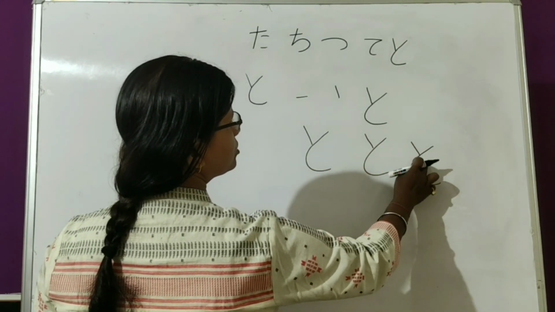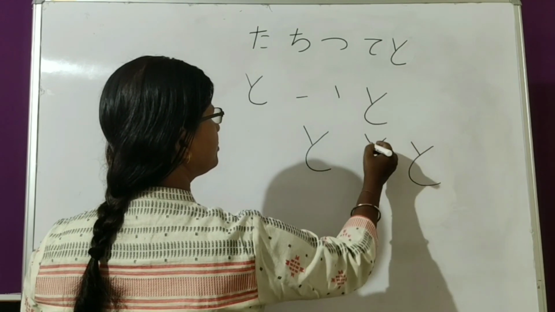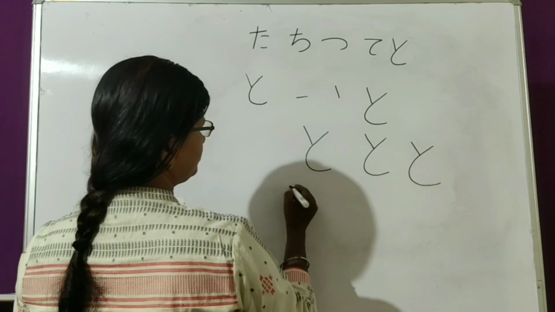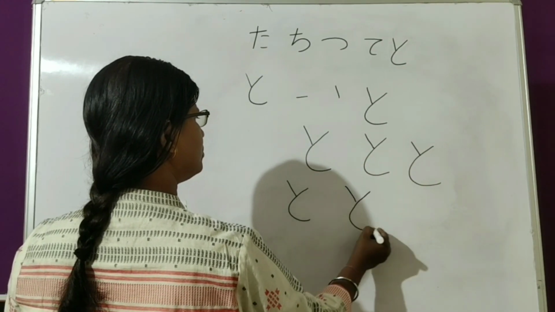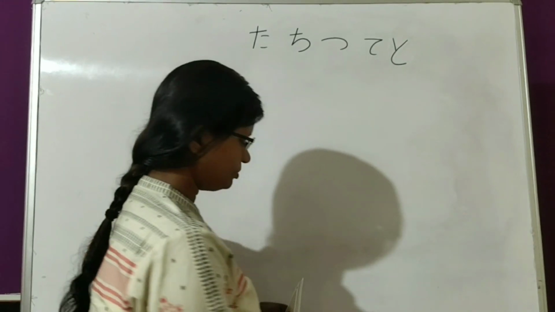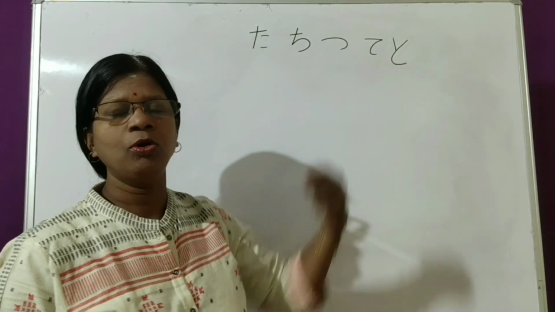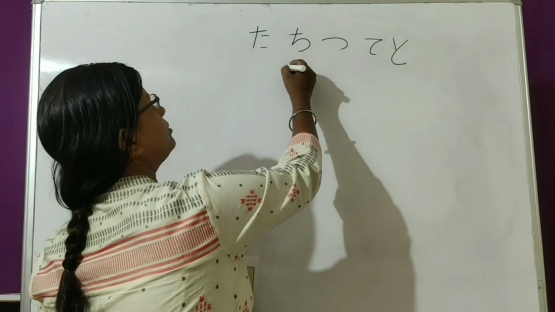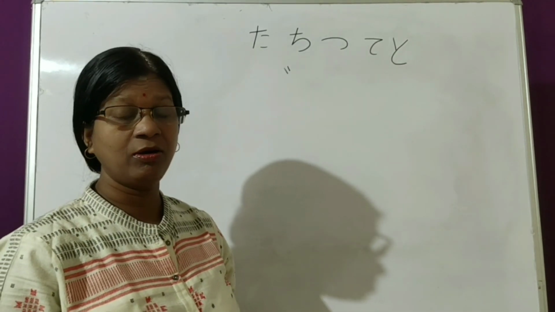It should not cross. This row should not cross. It should touch like this. Okay? To.